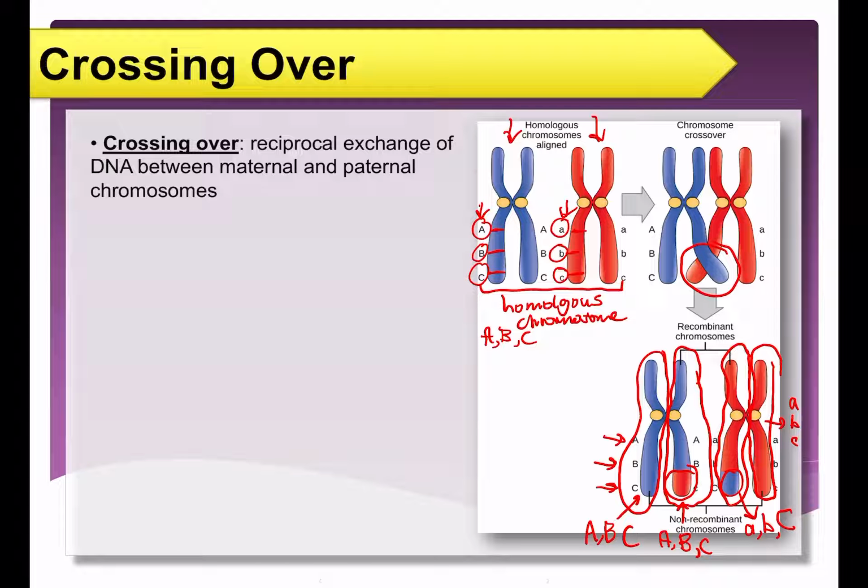And then this one you started off with little a, little b, and little c. But because you swap or exchange DNA segments between the two chromosomes, you end up with a mixture where you have big A, big B, and a little c, or little a, little b, and a big C. Okay, you will have to go through problems like this in the lab on Wednesday, so make sure you understand this part.